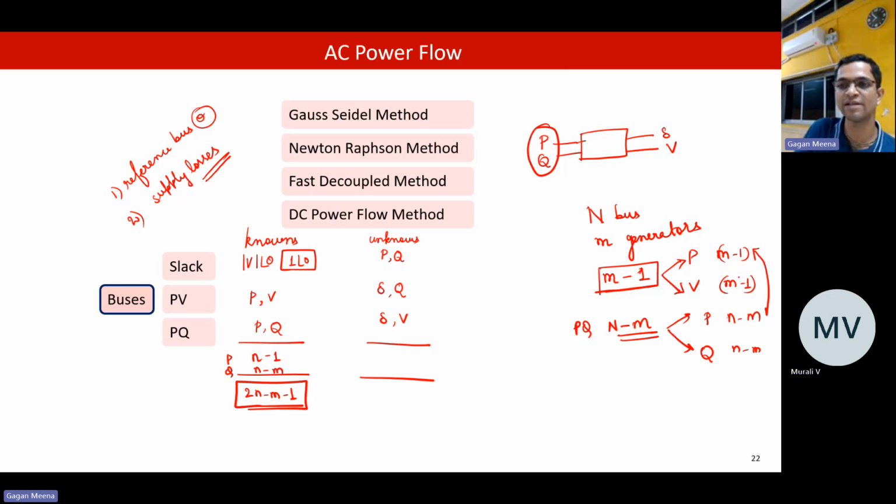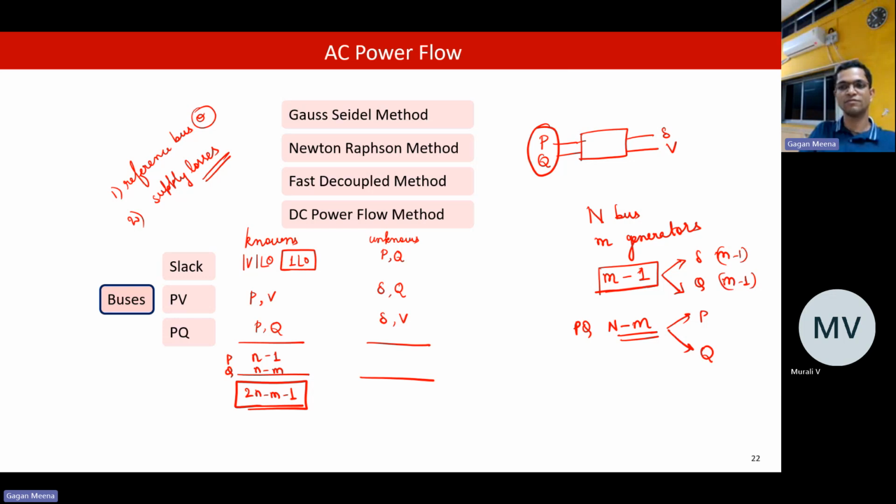Similarly, what are the unknowns here? For the PV bus, the unknown is the angle, mainly the angle and reactive power. M minus 1 angles are to be calculated.